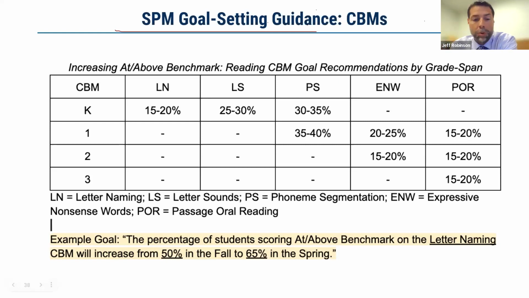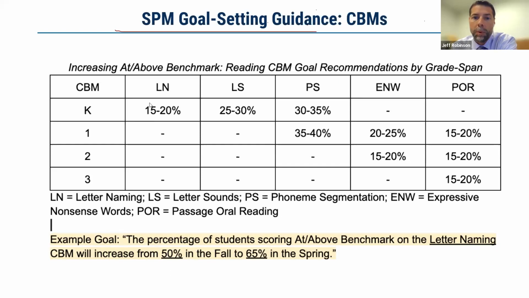In this hypothetical class, it was 50%. Then you would pick some number in this range for how much you're going to increase it. If this teacher says, I want to pick 15% of an increase, 15 plus 50 is 65. So I'm going to increase from 50% getting at or above to 65 in the spring.